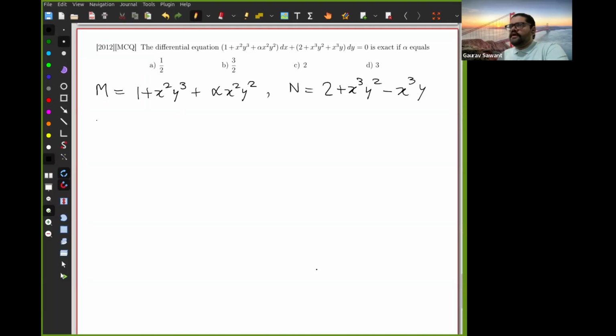Okay. I will have M_y equal to 3x square y square plus 2 alpha x square y, and N_x equal to 3x square y square minus 3x square y.